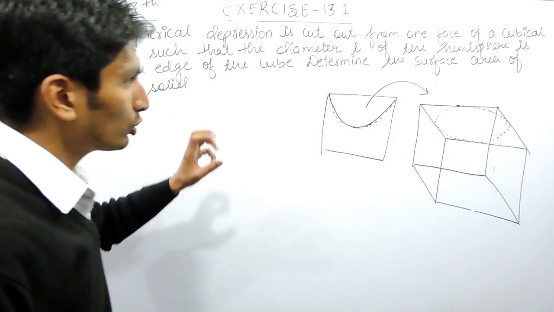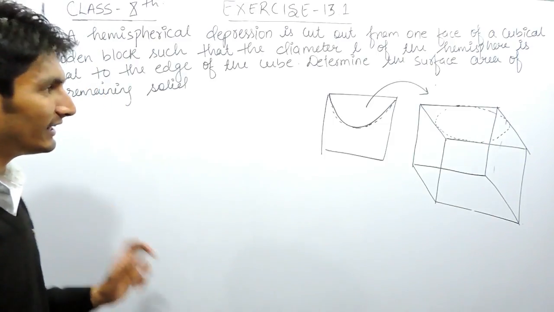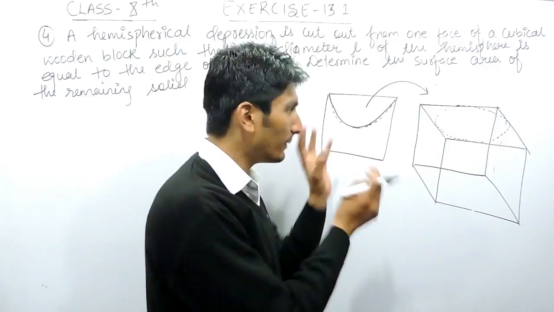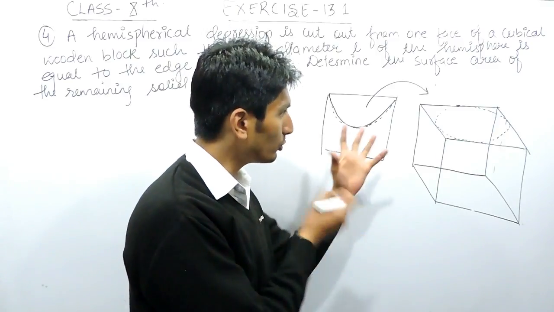You have to find the total surface area of this remaining solid. If you are not able to picturize this, you won't be able to solve it, so first of all, you need to picturize this.